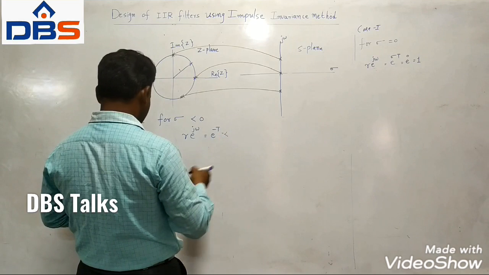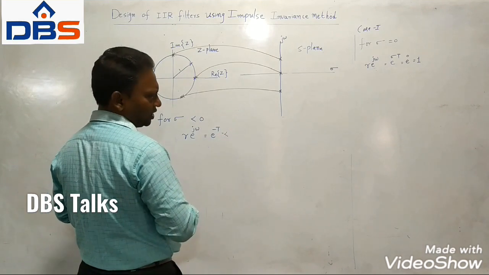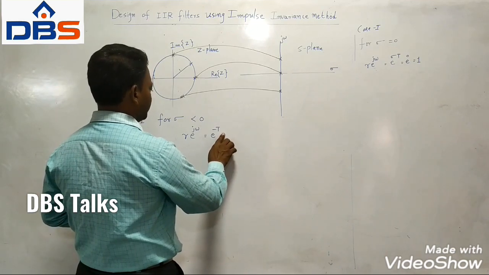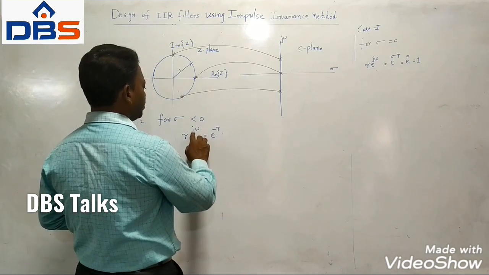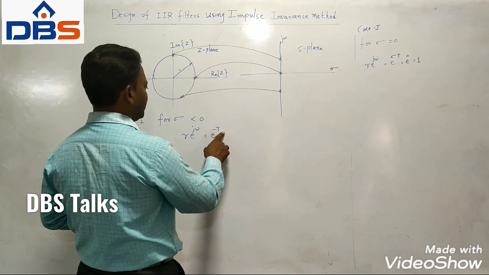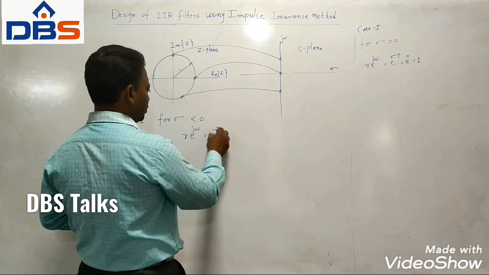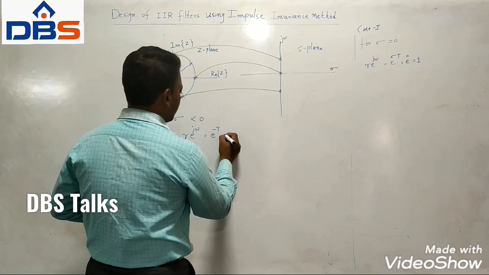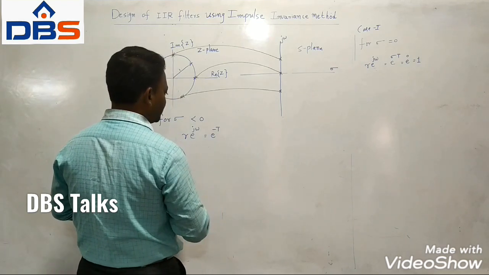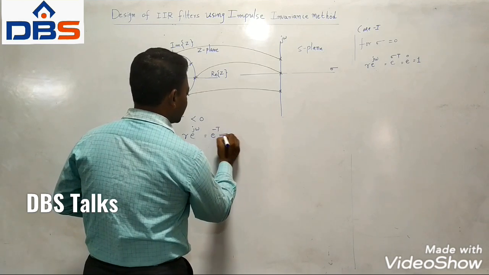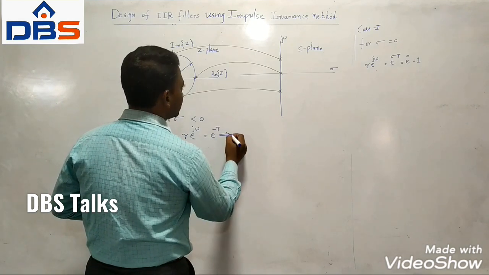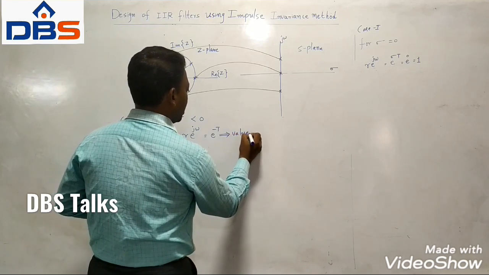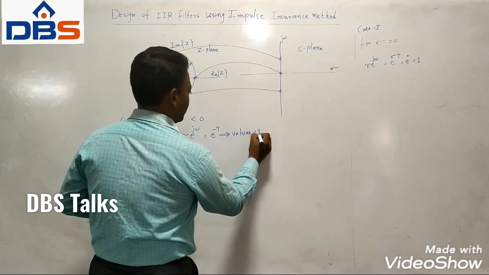E power minus t, suppose e power minus 1 is 0.636, like that you will get for all the values. So when r into e power j omega is equal to e power minus t, and e power minus value is always less than 1, this implies values less than 1.